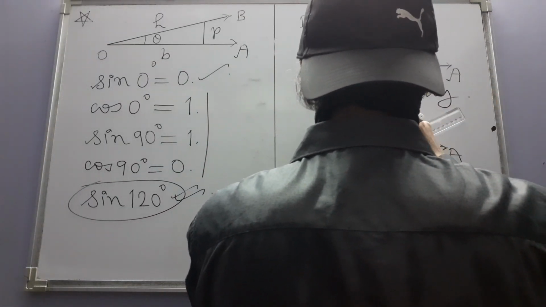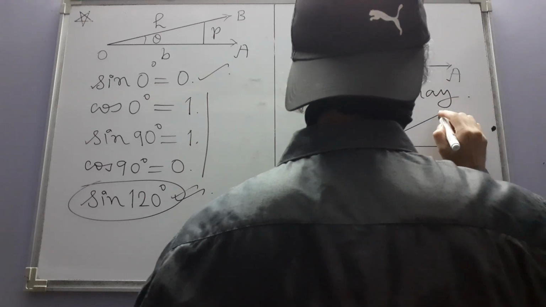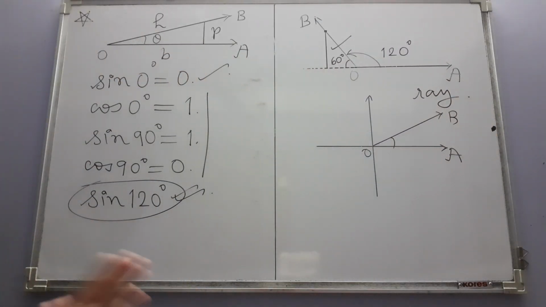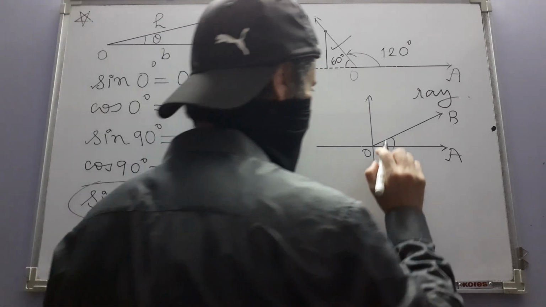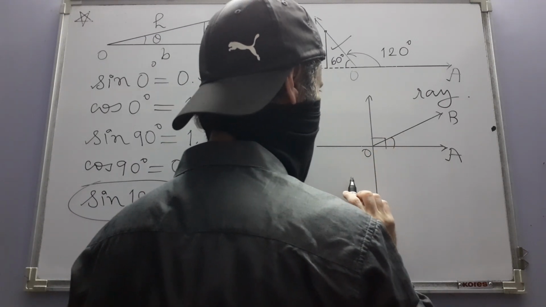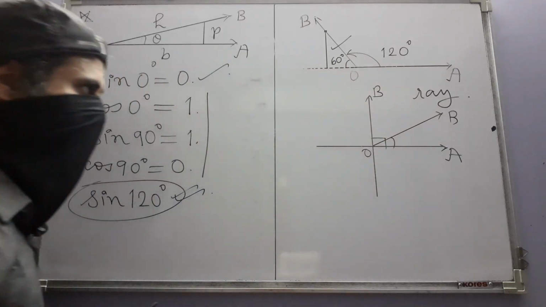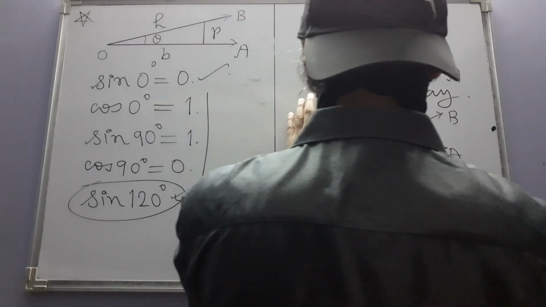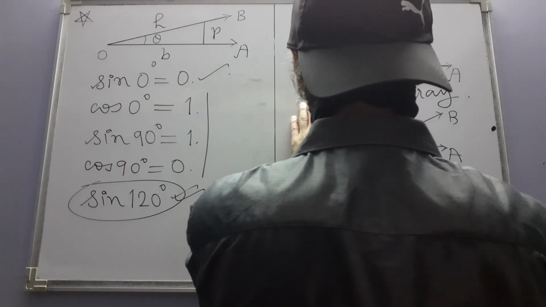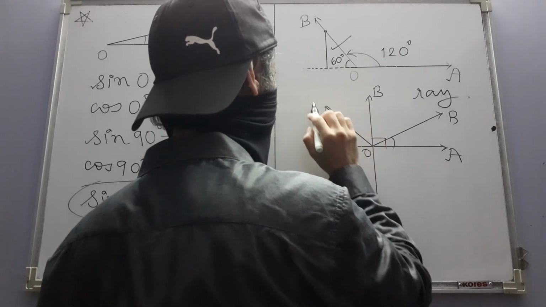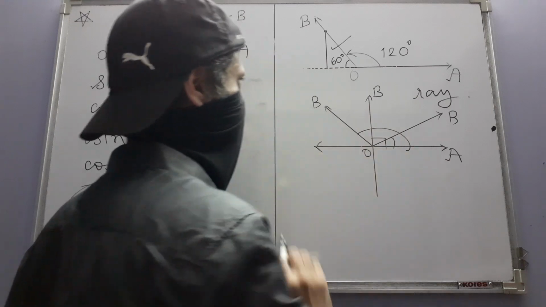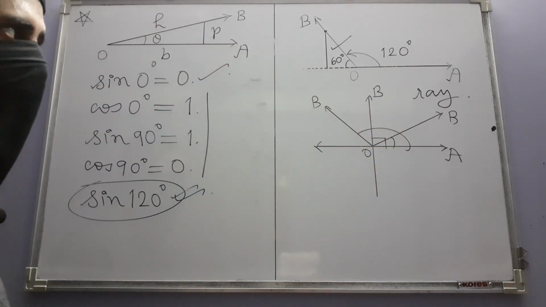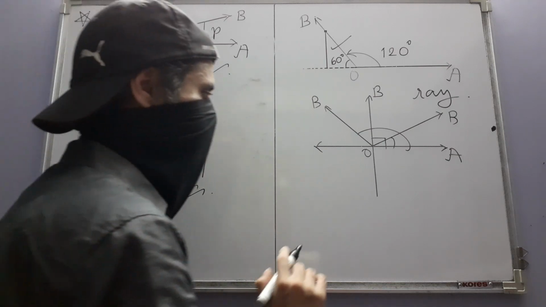If the angle is like this, then it's an acute angle, for which we already know the trigonometric ratios. Even for the right angle also we know the trigonometric ratios. But for obtuse angles we do not know. Say our B is in this position. Then for such angles we do not know what the trigonometric ratios are. We need to define those things.